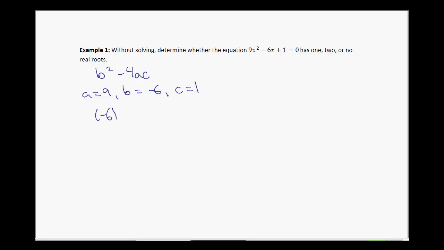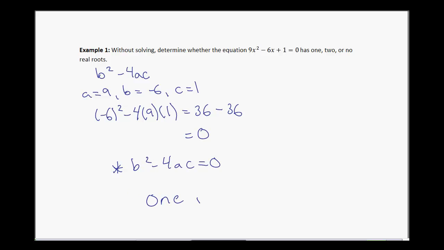We get negative 6 squared minus 4 times 9 times 1, which equals 36 minus 36, which becomes 0. So since our discriminant b squared minus 4ac equals 0, we can say that this equation has 1 real root.